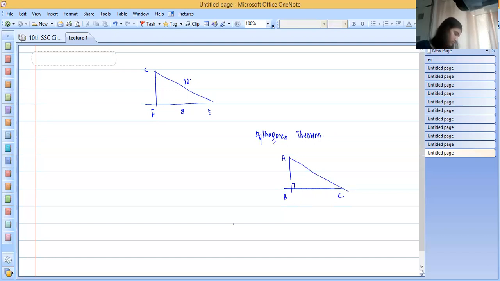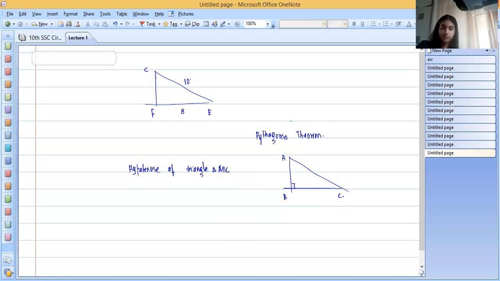What is the hypotenuse of the triangle? Hypotenuse of triangle ABC, AC.